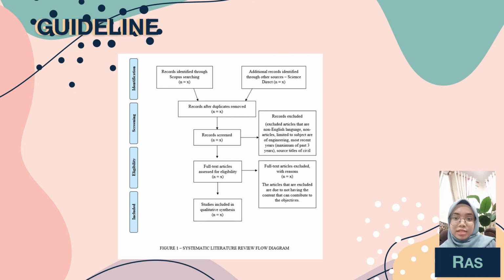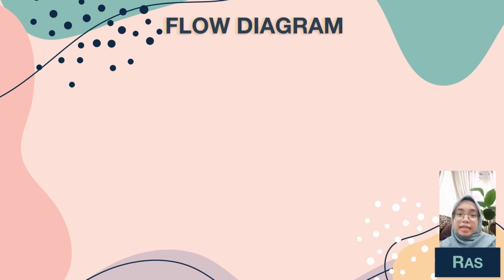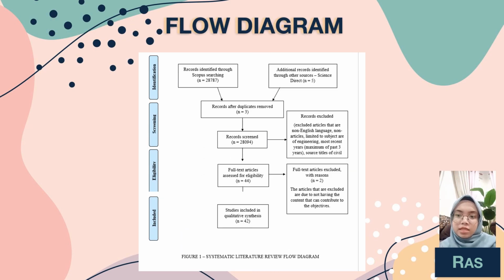For included, the records that have been selected are organized, and each record will be explained with its review. This is the systematic literature review flow diagram.